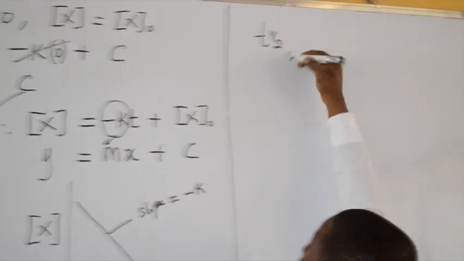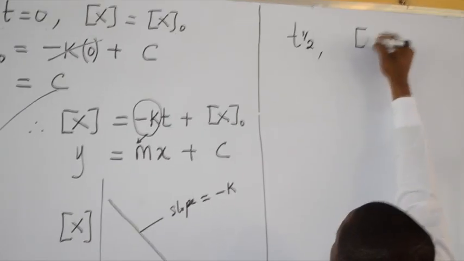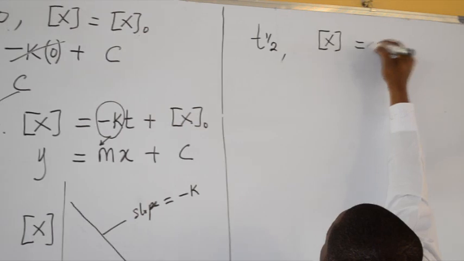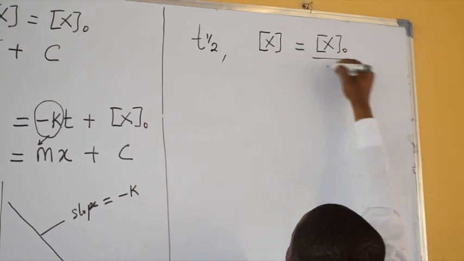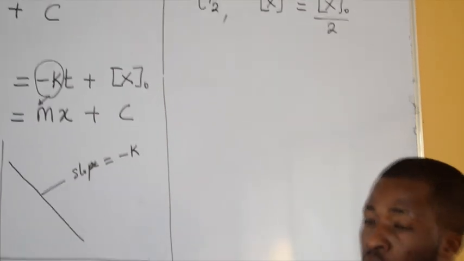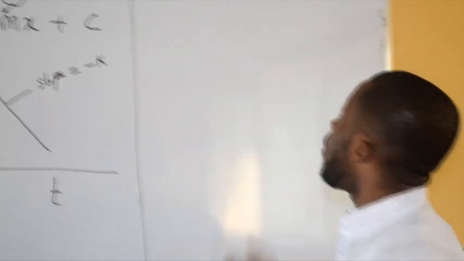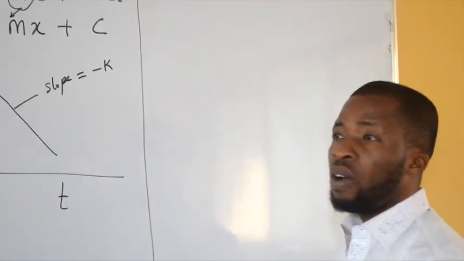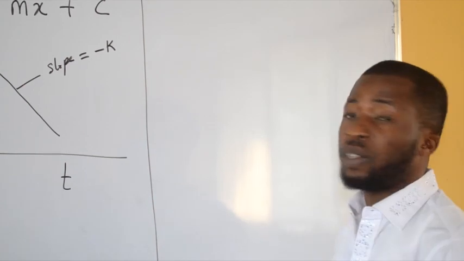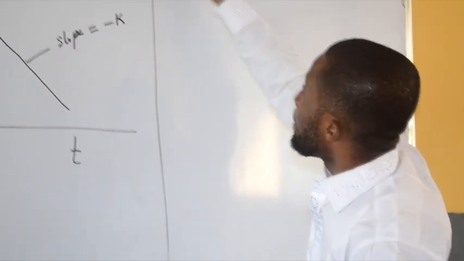So at half-life, it therefore means that the final value of x will be equal to the initial value of x divided by 2, because that is what half-life is. Half-life is simply the time taken for the initial quantity of that substance to reduce to half of its size.